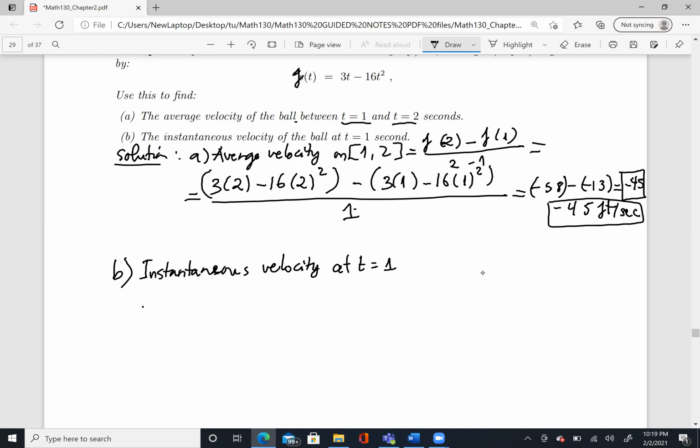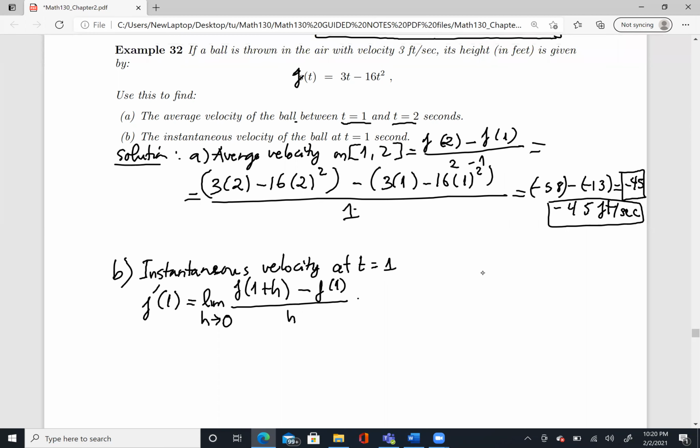Then you can use the form f prime of 1 equals the limit. Either way you can go, the first form or the second form. Let me go by the first form with h approaching 0, so f of a plus h, where a is 1, so f of 1 plus h, minus f of a, which is f(1), divided by h.